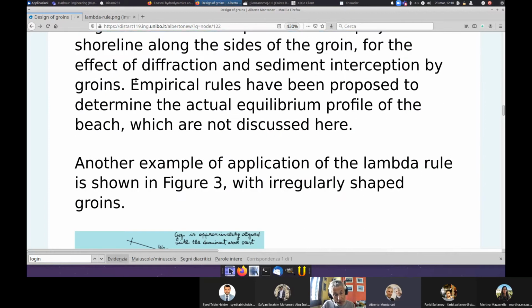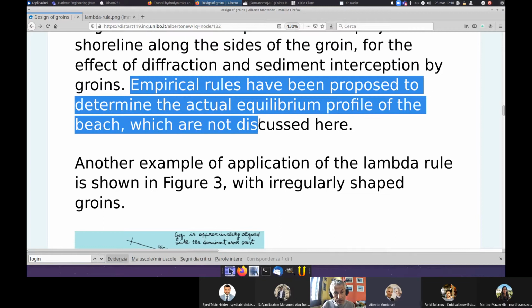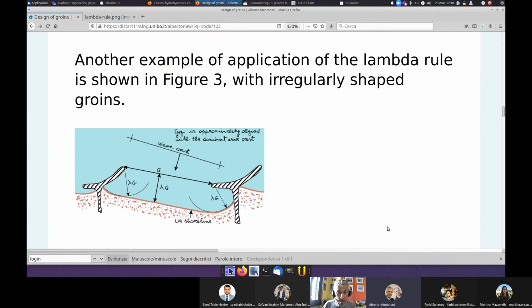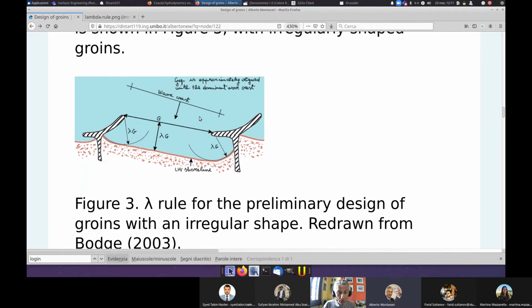And let me also say one thing. We are not discussing here other empirical rules which may complement the application of the lambda 1/3 rule. But there are other rules which try to predict the curvilinear shape of the final displacement of the coastline. And you see this is another figure with another example.